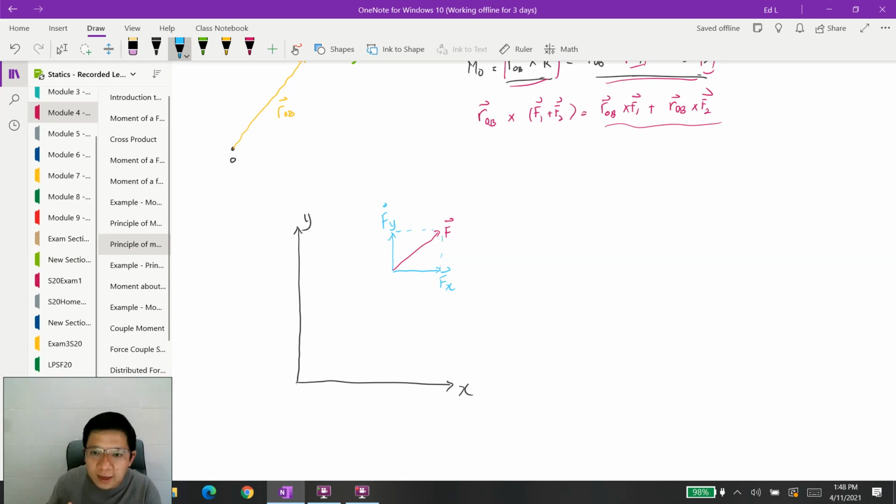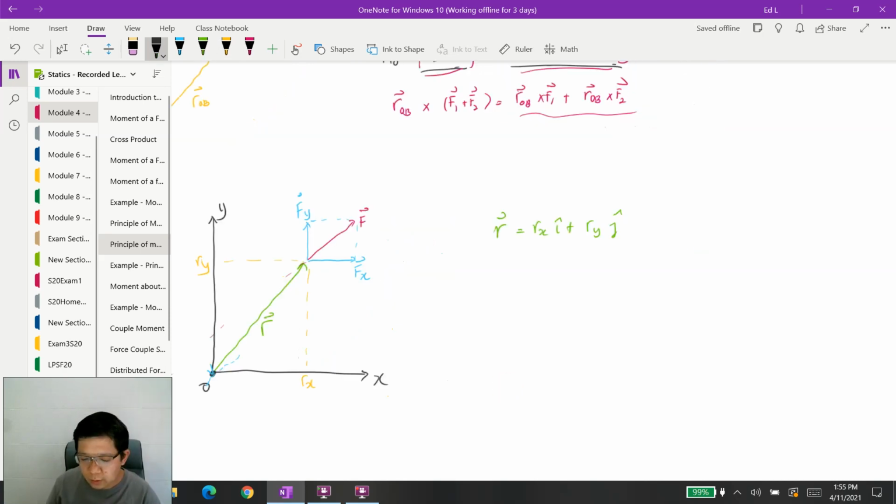In addition to that, we can also define a position vector r. If we know that this r has components rx and ry, in other words, I can write my r as rx i plus ry j.